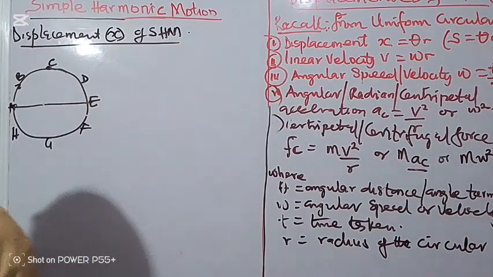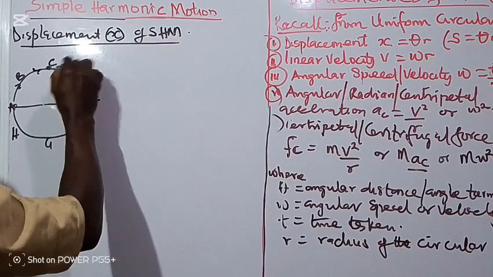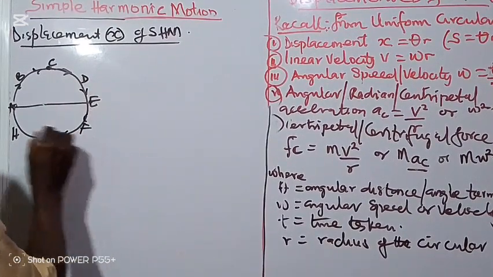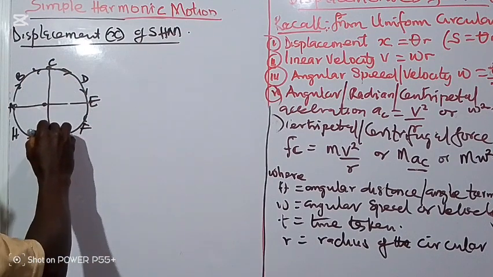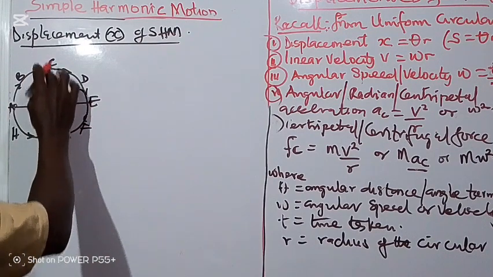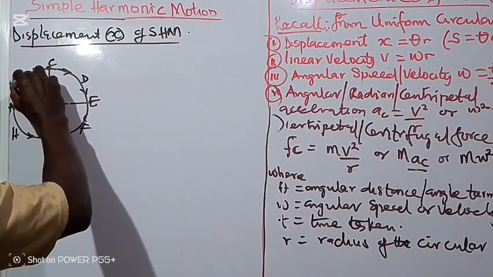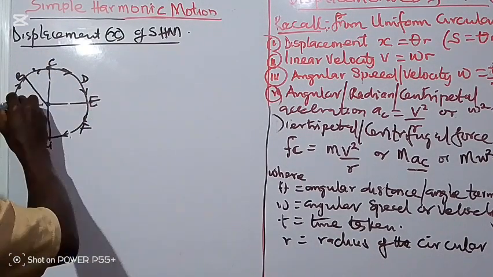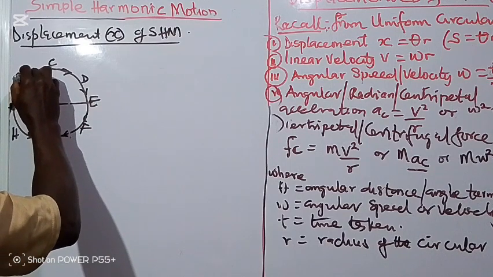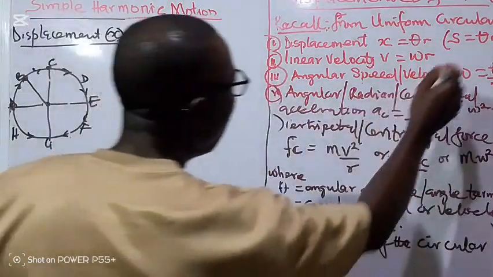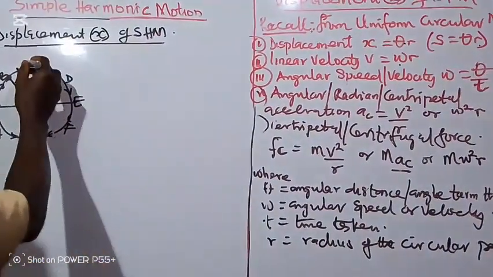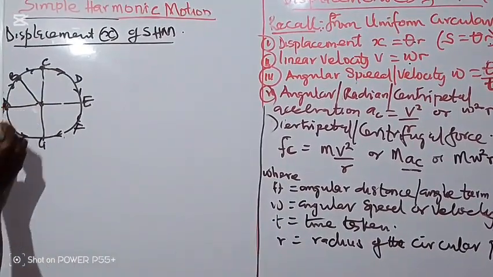When the object is rotating round like this, and you draw the vertical line, the object moves from equilibrium position A to B and from B to C. Our R here will be from here to here, or any point on the circumference.